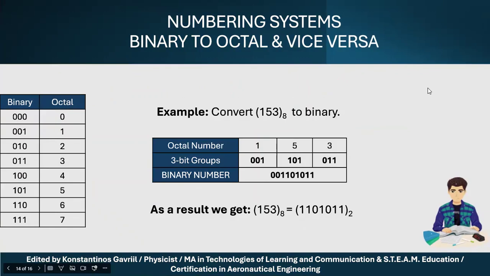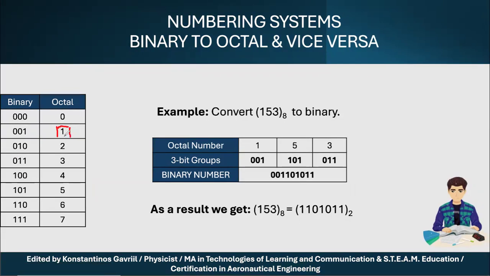The same thing happens when I have an octal number to convert it to binary. I'm going to use again this table. So if I have 1, 5, 3, very easily, I see here 1, that is meant to be 0, 0, 1. I have 5, which is this, and this is meant to be 1, 0, 1, and I have also 3. Where is 3? Here. 0, 1, 1.